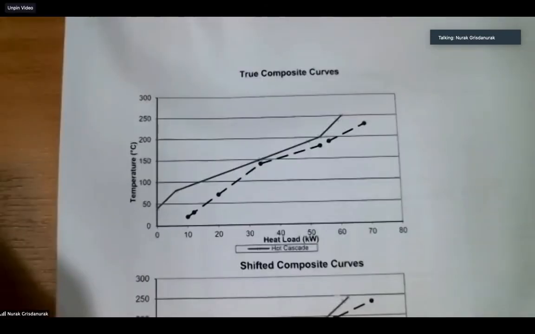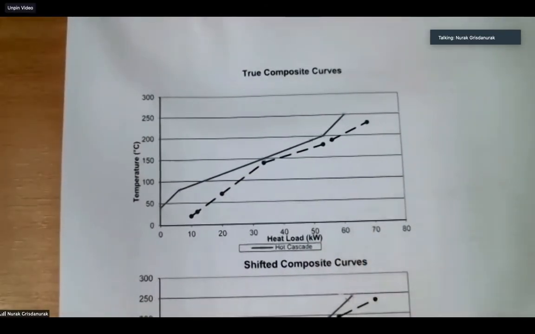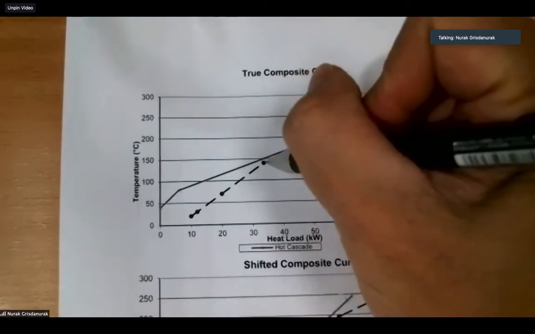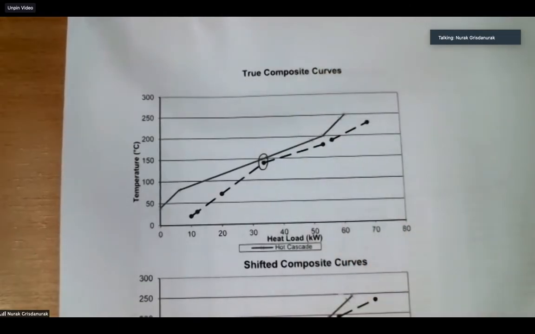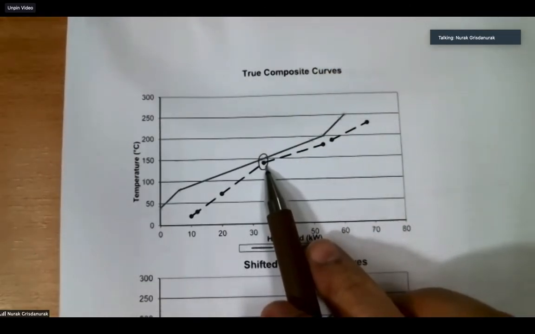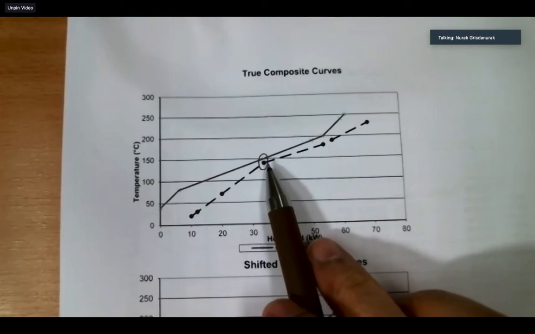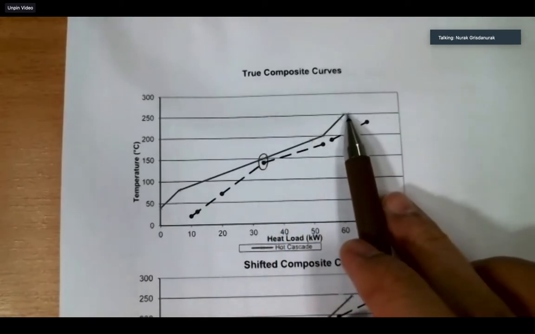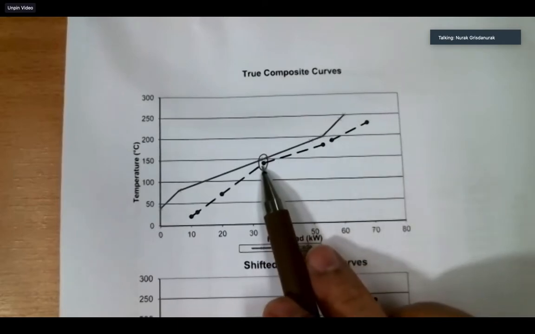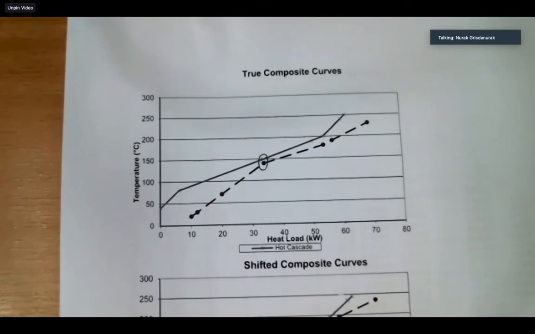Does it look the same from your Excel? So what does it mean? The temperature difference is 10 degrees Celsius at this point. If we want the curves to touch, the temperature difference would have to be 0. Can that be done? That is the best case.